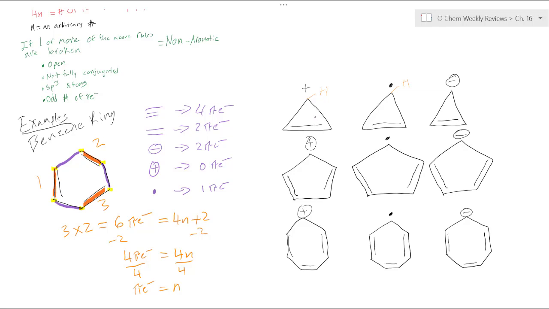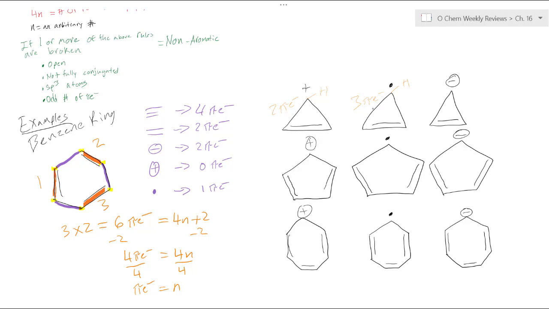I see 1 double bond and a positive charge. Positive charge again, remember, is 0. So I have a total of 2 pi electrons. Here I see a double bond and then a radical. A radical is 1 extra pi electron, so it's going to have a total of 3 pi electrons. Now, as soon as I said 3, there should be a trigger going on in your head saying 3 is an odd number. It must be non-aromatic. We'll get to that later.